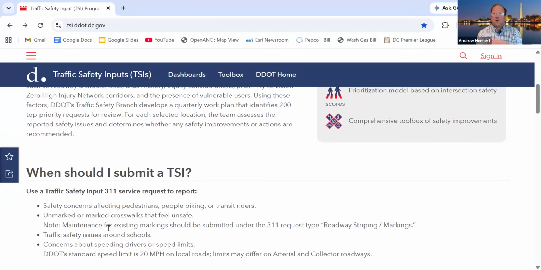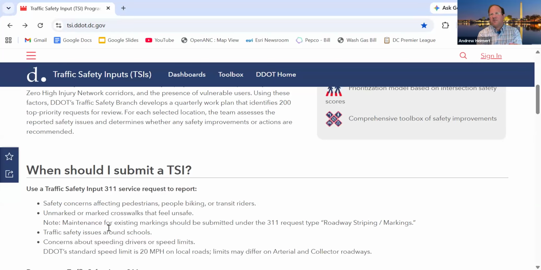It's 3 or 4 blocks in one direction and 4 or 5 blocks in another direction, where there are common patterns of speeding, common patterns of cut through traffic during rush hour. Does the TSI process require basically every block of that neighborhood to put in a separate TSI saying the same thing? Or is there a way to put in a TSI that covers a multi-block area?